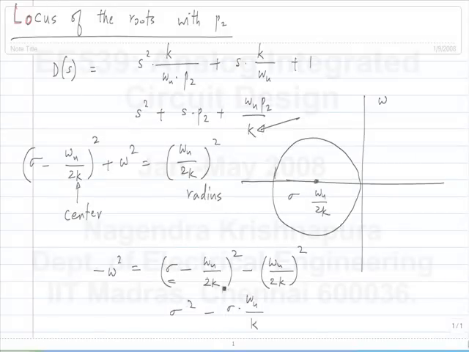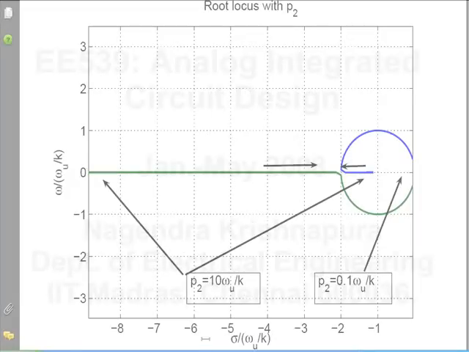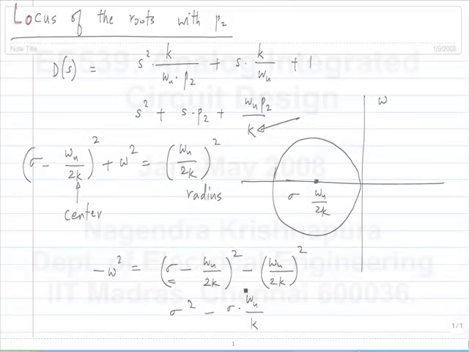No, center is at omega u by 2k. So if you look at the plot also, oh no, center is at omega u by k. One second. So did I get the constants incorrect here? Omega u by k. Which one? Sigma plus. Why?